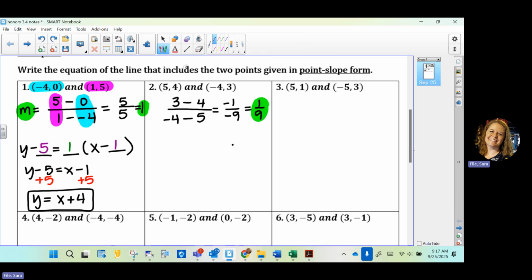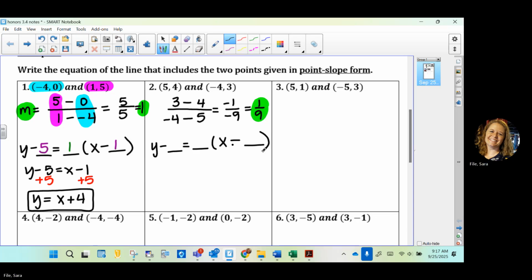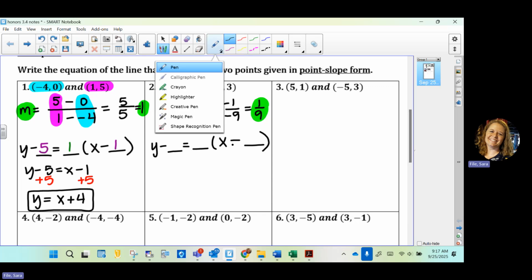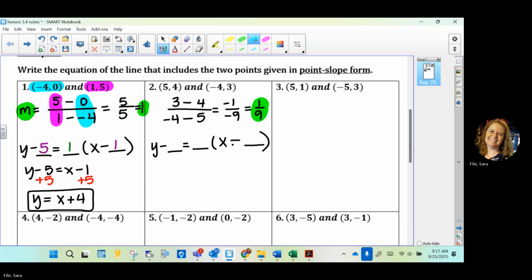Which ordered pair do you want to use this time? Okay, just keep it with the positives. It's a good idea. Okay, so we're going to plug in the 5 and 4 here and here, a slope here. So my slope was 1/9, my y is 4, and my x is 5.